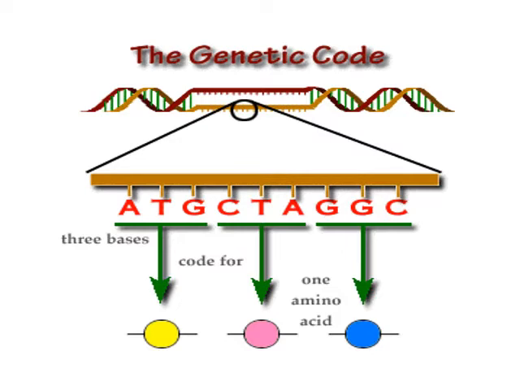For a specific codon, one nucleotide makes 4 combinations, 2 nucleotides make 16 combinations, and 3 nucleotides make 64 combinations. That is, 4 into 1 is 4 combinations, 4 into 4 is 16 combinations, 4 into 4 into 4 equals 64 combinations.